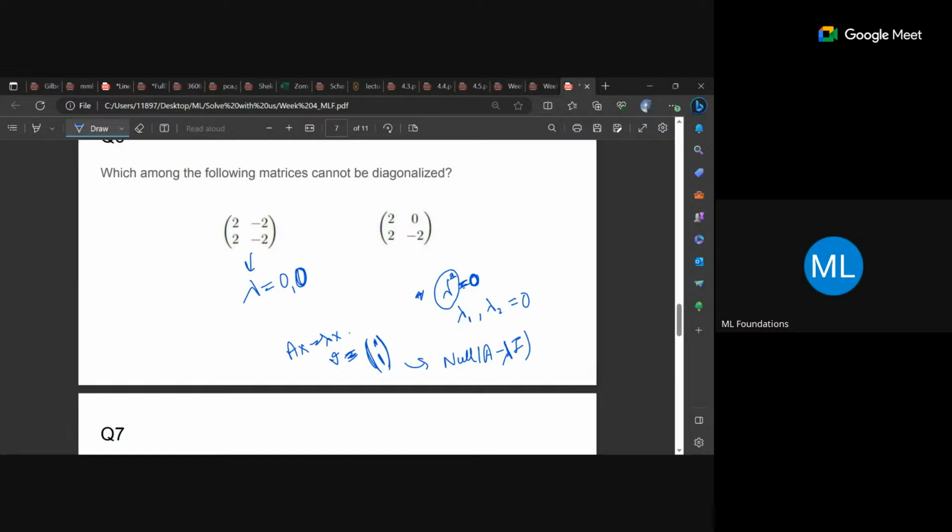And algebraic multiplicity is how many times an eigenvalue is repeating. So whenever your algebraic multiplicity and geometric multiplicity are not the same, we say the matrix is not diagonalizable.